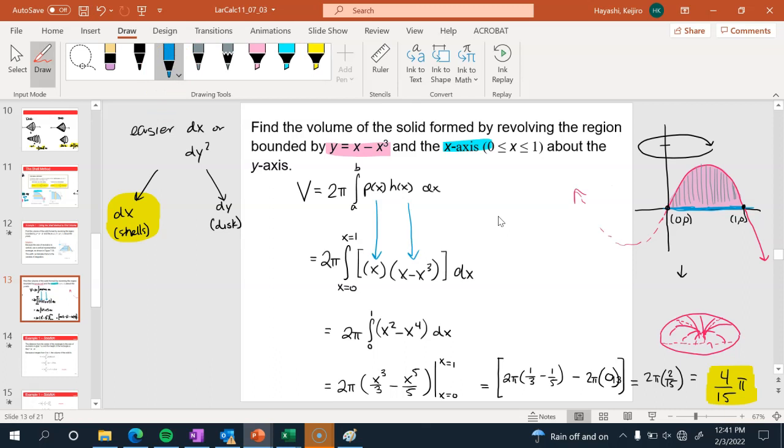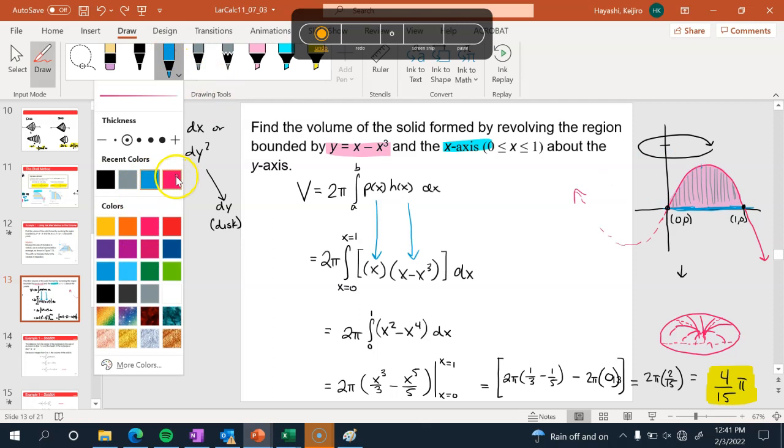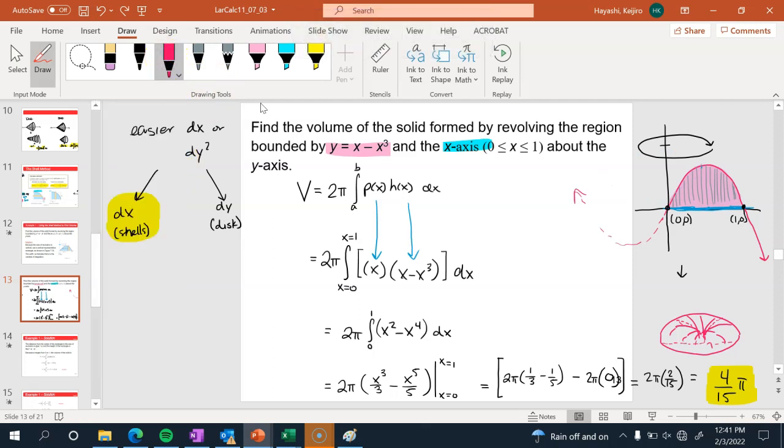Okay, so each of these slices is going to make a shell, right? If we take a representative shell, it's going to form a shell like that. The radius of that shell, the distance of the edge from the center, is literally just the value of x that you happen to be at.